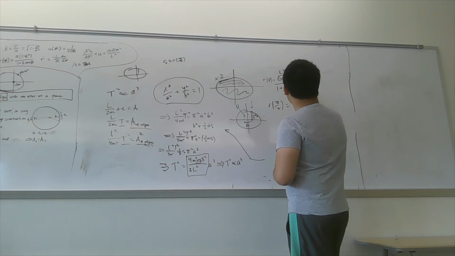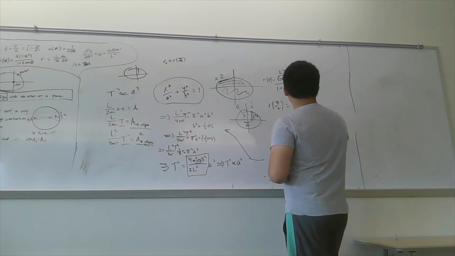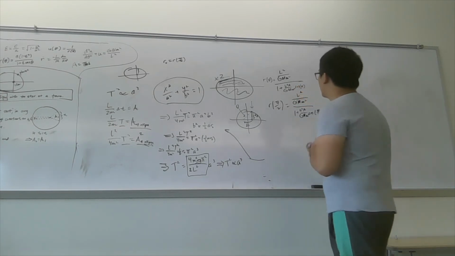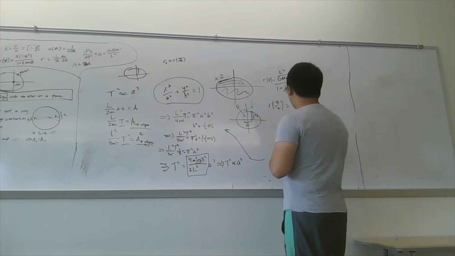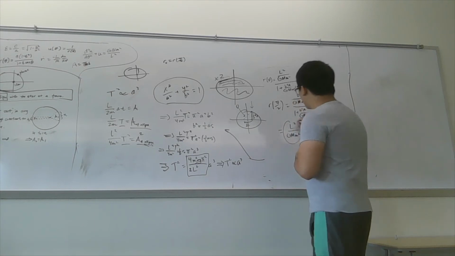And we know that cosine of pi over 2 is just 0. So that means that r evaluated at theta equals pi over 2 is just this.